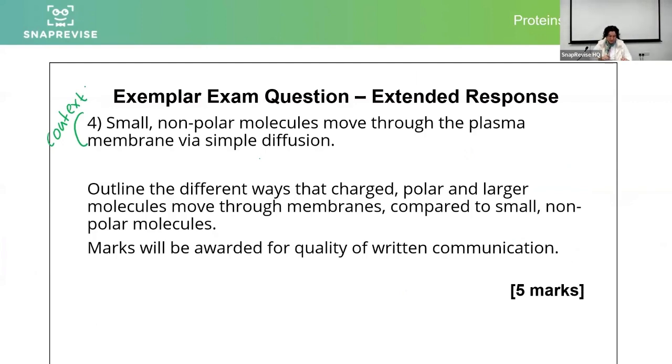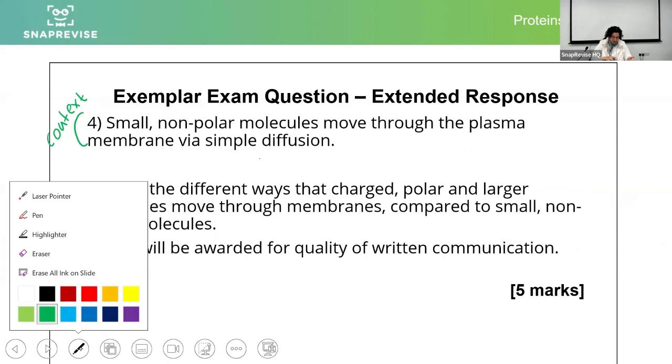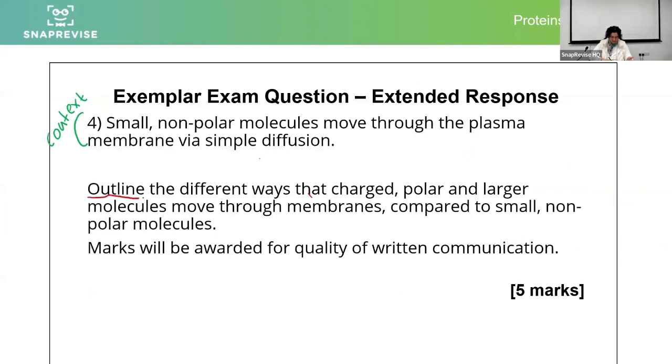Outline the different ways that charged, polar, and larger molecules move through the membranes compared to small nonpolar molecules. Marks will be awarded for quality of written communication. This is what I said, that sometimes it's explicit. It basically means don't write your answer in bullet points like the mark scheme; actually write full coherent sentences.